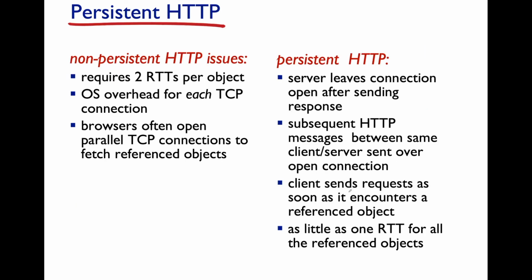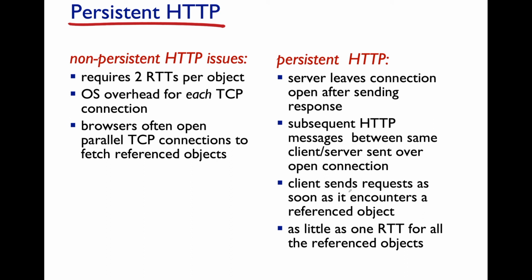So the difference between non-persistent HTTP and persistent HTTP we alluded to before, but when we look at the implication as it pertains to the time it takes for an interaction between the client and the server, they're a little bit different. So non-persistent requires 2 round-trip times per object.